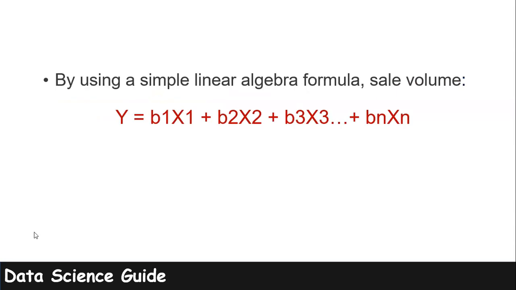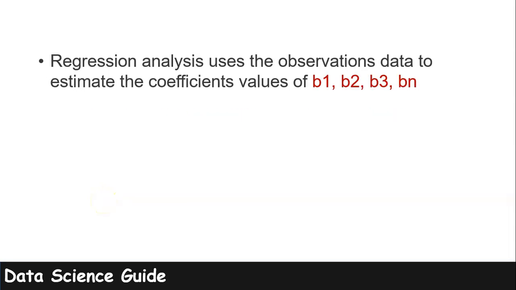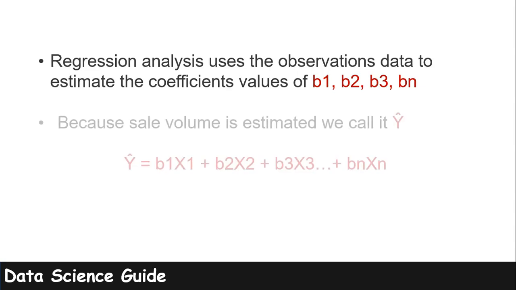By using a simple linear algebra formula, sales volume or Y will equal B1x1 plus B2x2 plus B3x3 plus Bnxn. Regression analysis uses the observation data to estimate the coefficient values of B1, B2, B3, and Bn.